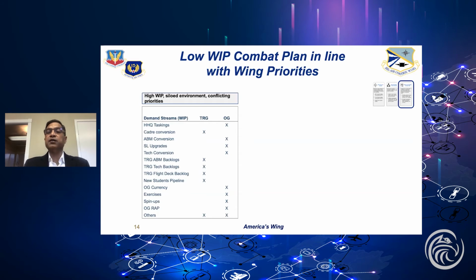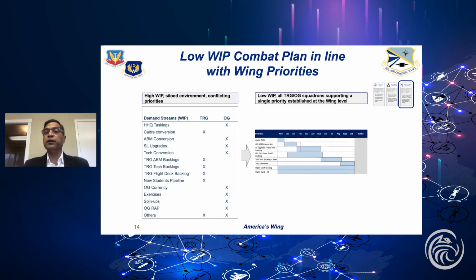Now with a wing level priority and a low WIP plan, we said we're not going to go after all these things. We're going to focus and finish what is required from the wing level, instead of trying to get some ABM upgrades or some students going through or some currency. Of course, currency is something that we have to maintain, and that is in the bottom row of the right chart.